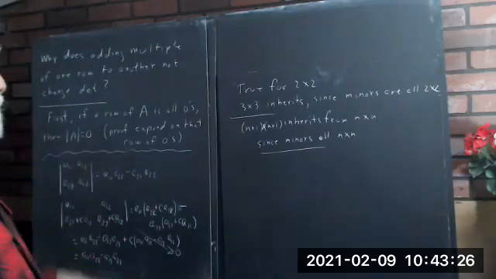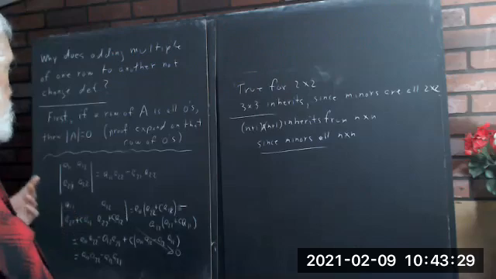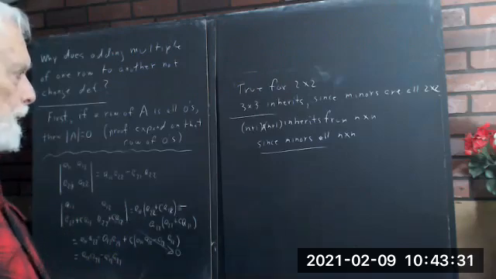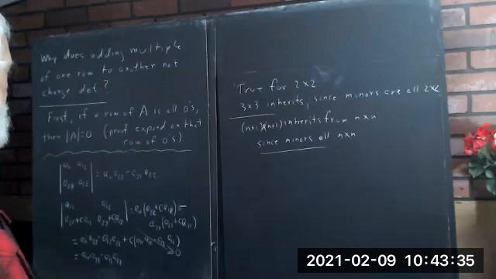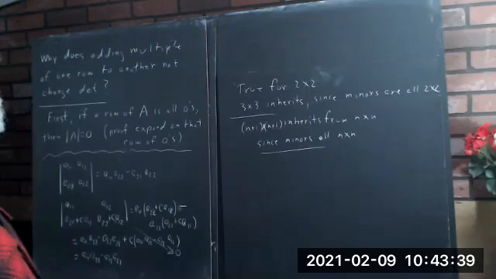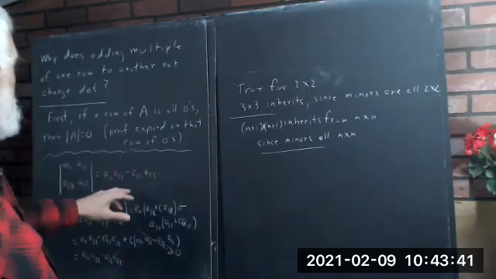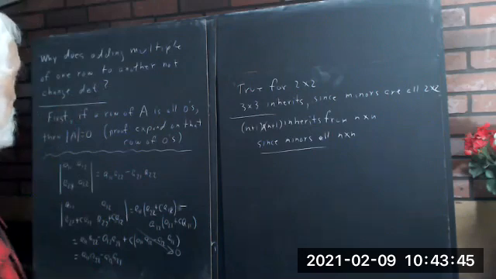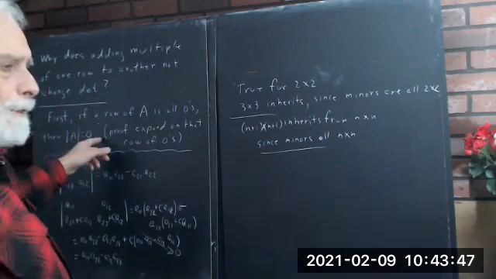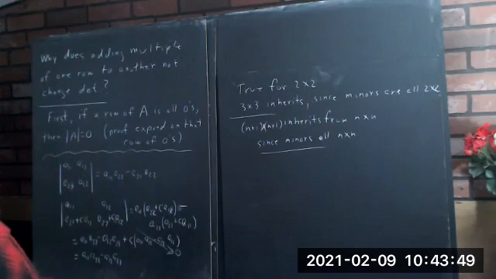And how that proves that if a row is all zeros, the determinant is 0. Actually, that's not what it proves. It proves that adding a multiple of one row to another doesn't change the determinant. Now, I was going to use the fact that if a row of A is all zeros, then the determinant is 0.